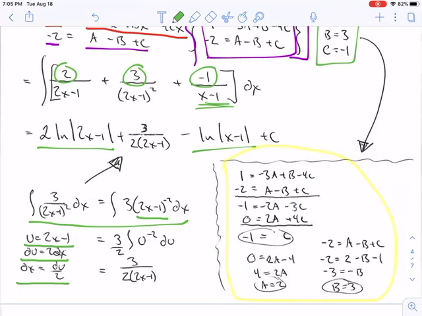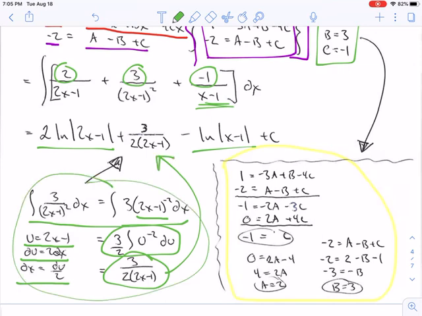And substituting in the u's, you end up with this. So you just end up with a power rule problem. And so we end up with this once you integrate it. And so that is what I put up here. So all this work down here is to get this part right there.